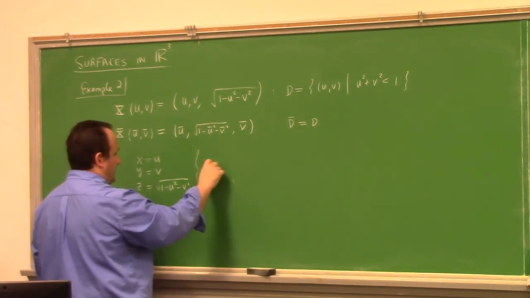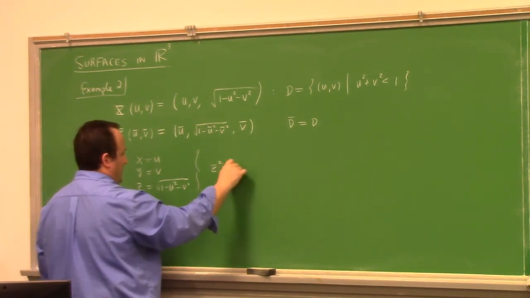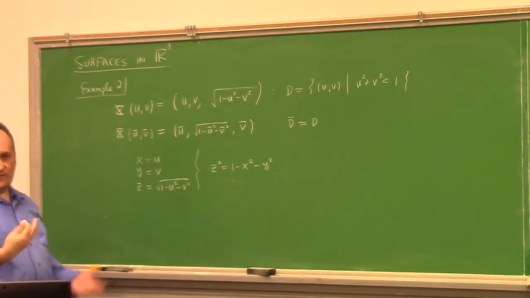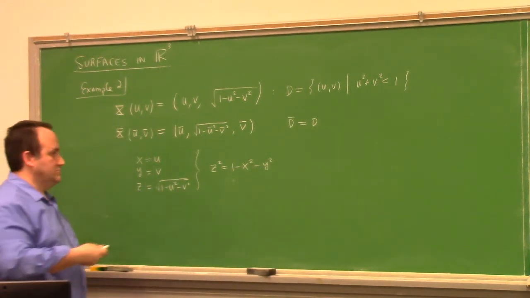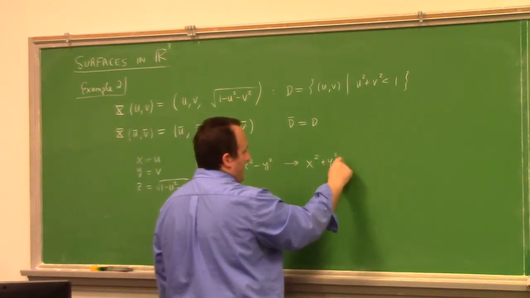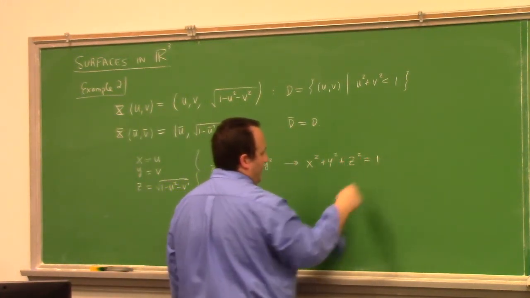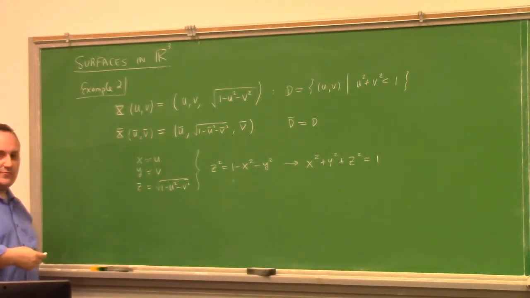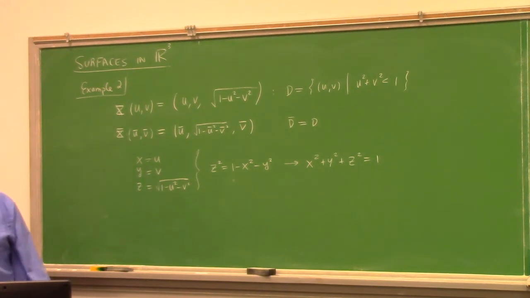Z squared equals 1 minus x squared minus y squared, right? Hey, check it out. This is nothing more than a parameterization of the unit sphere, in part. What part?